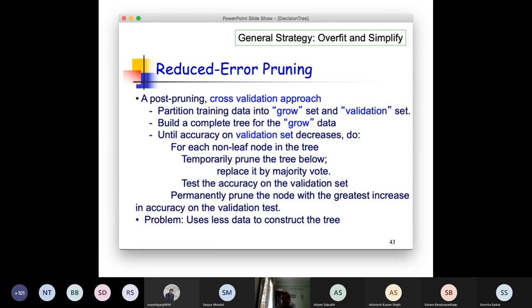So it uses less data to construct the tree. Why less data? Because the training data itself you have divided into two sets. So that has reduced the number of training examples for your model building.